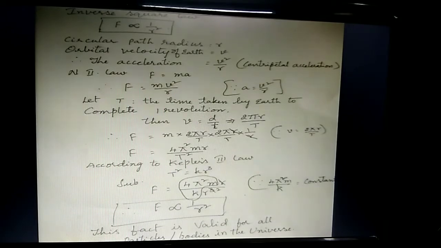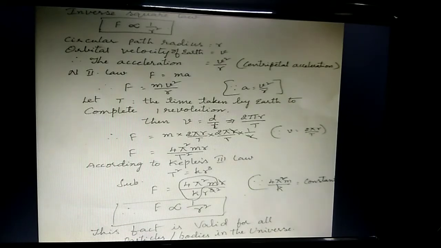According to Kepler's third law, T² = kr³. By substituting the value of T² in the above equation, we will be getting F = 4π²mr/kr³. That implies F = 4π²m/(kr²). Since 4π²m/k is a constant for an object, by removing the constant, F is directly proportional to 1/r².